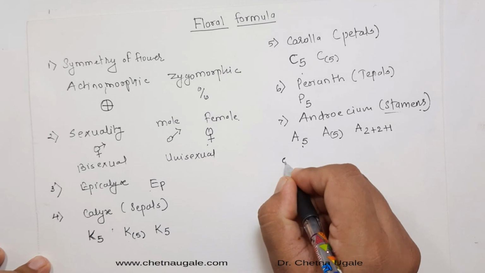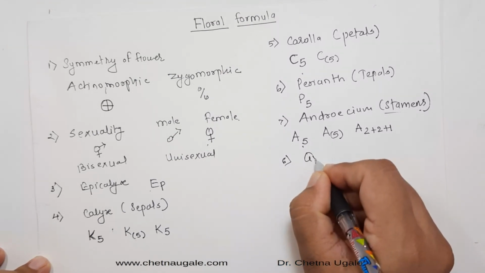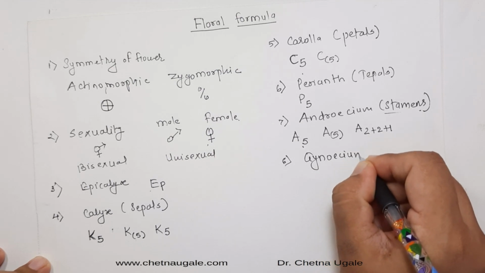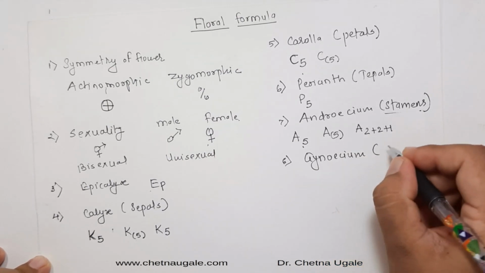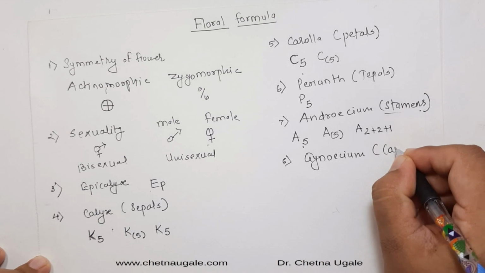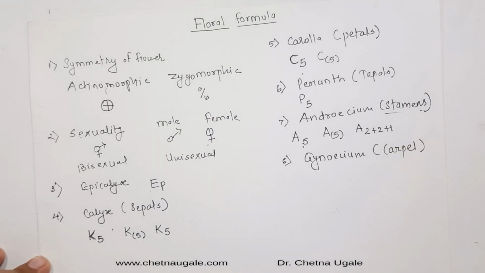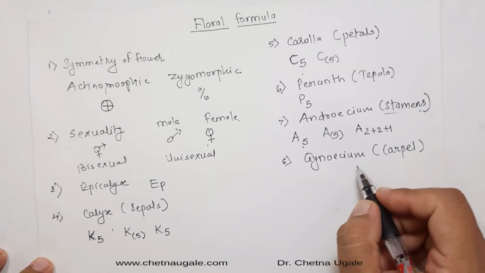The next essential floral whorl is the gynoecium. Gynoecium is composed of the carpels or the pistil. The number of carpels may vary from flower to flower.